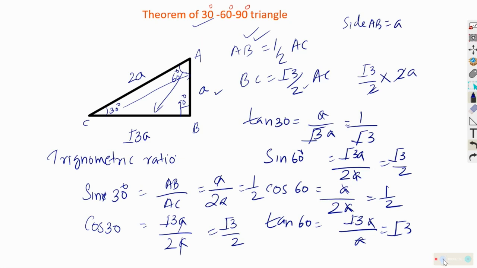This trigonometry will be helping us to fix the ratios or the size of the sides of a right angled triangle. Understood?